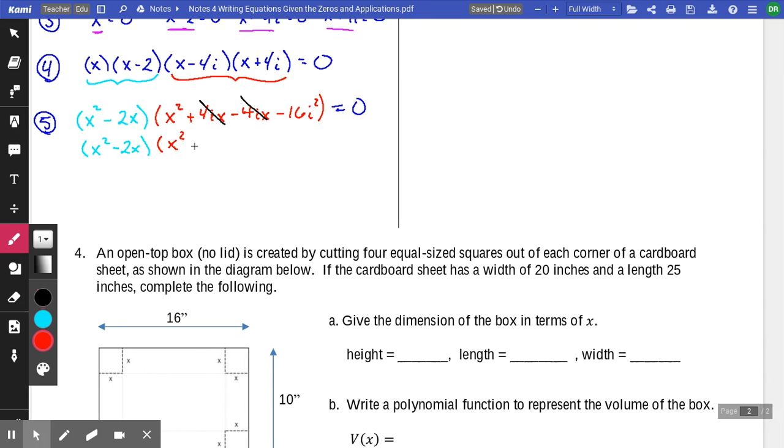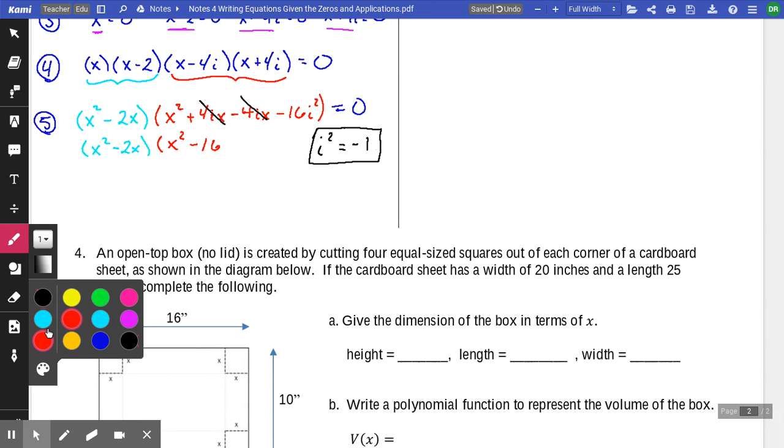But remember what we reminded ourselves of before on the front of this set of notes, is that i squared is always equal to a negative 1. And that's helpful for us because when we write polynomial expressions, they don't include the letter i in them. And so here, when we have minus 16i squared, we can rewrite i squared as negative 1.